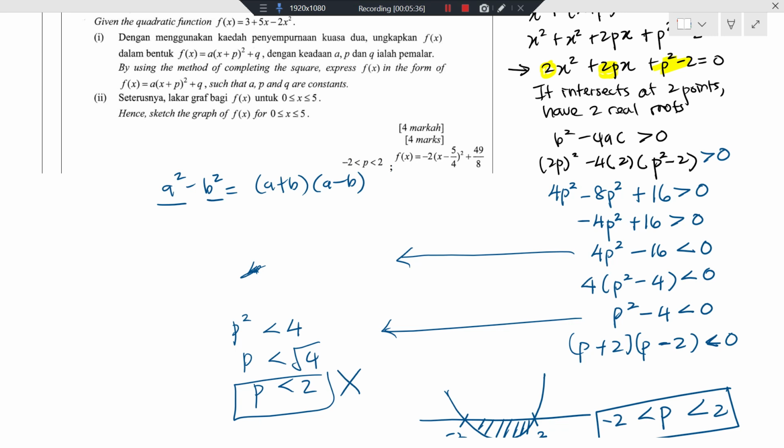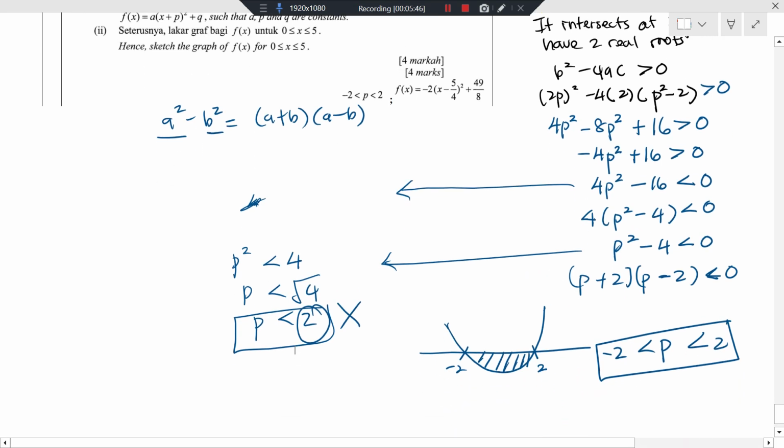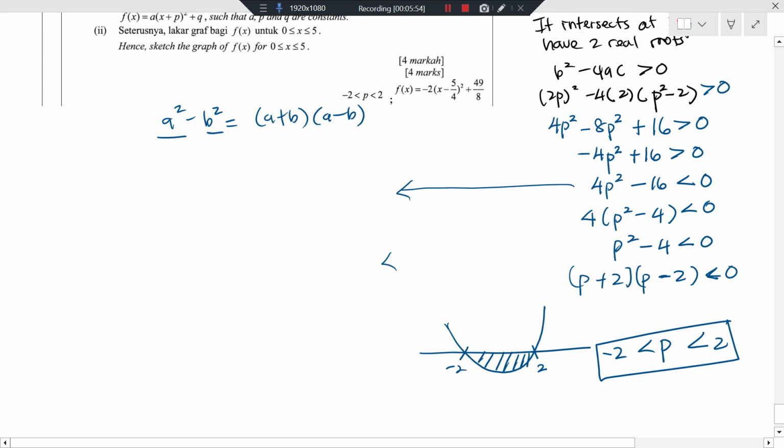You need to solve it as a quadratic, right? So you need to treat it as a quadratic, not like simplifying the p. Otherwise, you'll get only one answer, sedangkan dia ada, it's a range between two values. Okay, so that is one of the traps students always fall into. So please take care of it. All right.